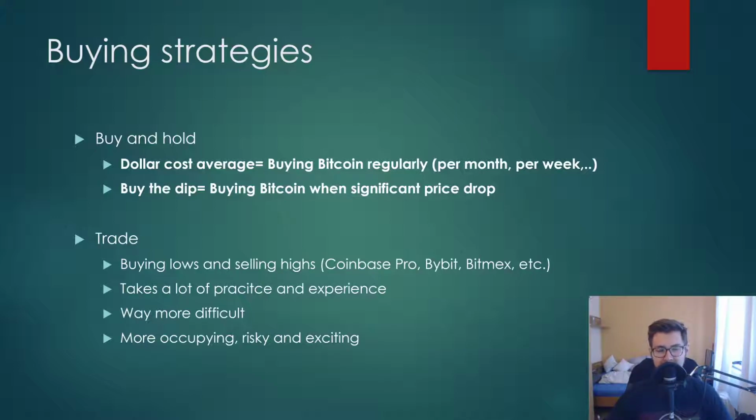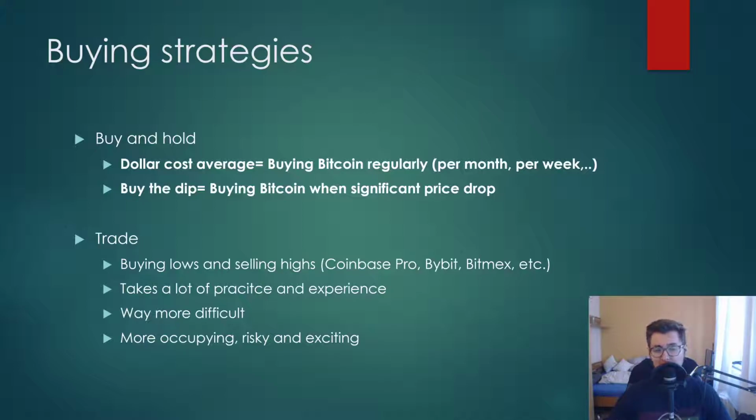So as I said, a way to buy Bitcoin is to dollar cost average, buying it on a regular basis. Also, a way, maybe in addition to dollar cost averaging, or just on its own, is to buy the dip, meaning buying Bitcoin when its price has had a significant drop recently.